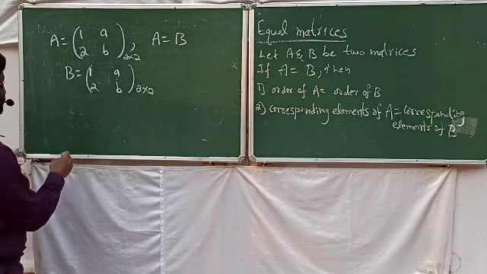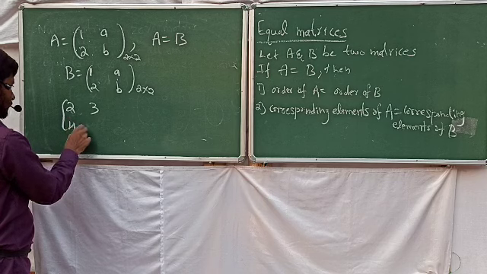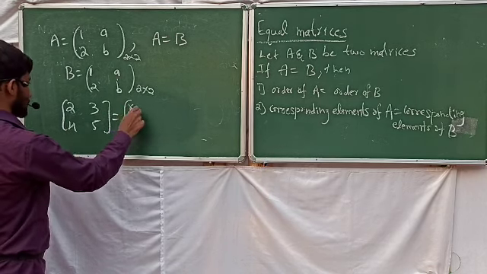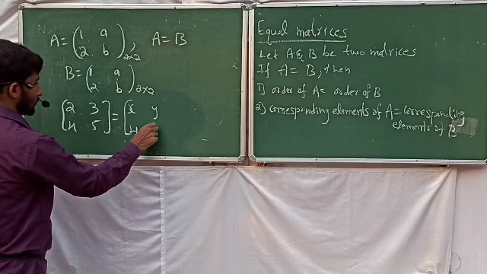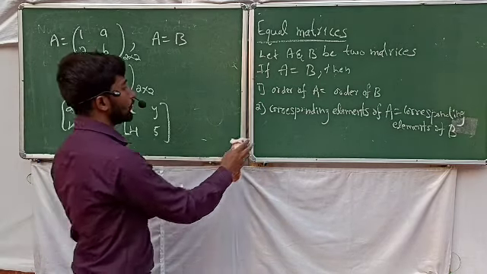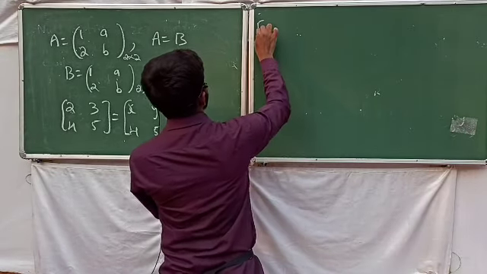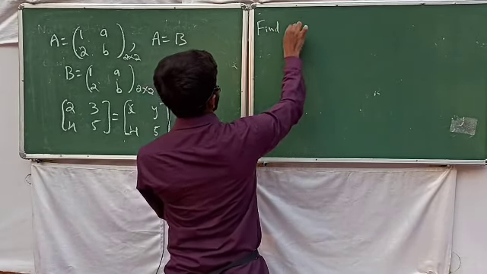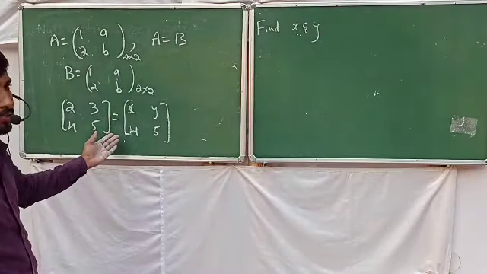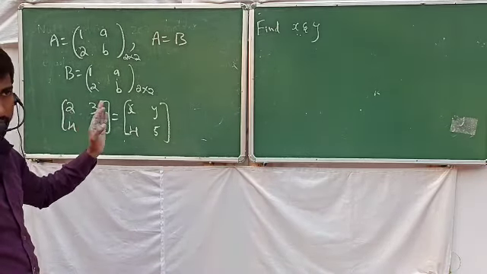Sometimes they will ask a question: matrix 2, 3, 4, 5 is equal to matrix x, y, 4, 5. Find the values of x and y. To solve this question, we need to use the definition of equality of matrices. One matrix equal to another matrix is given.